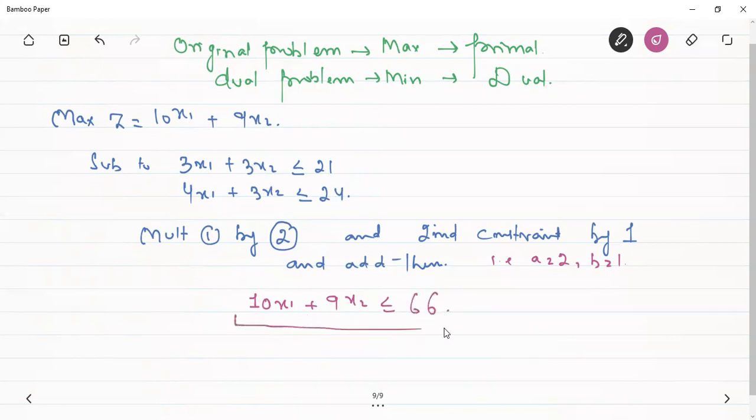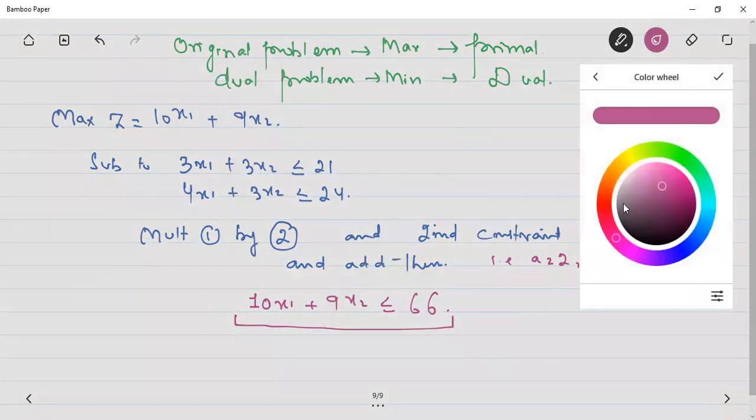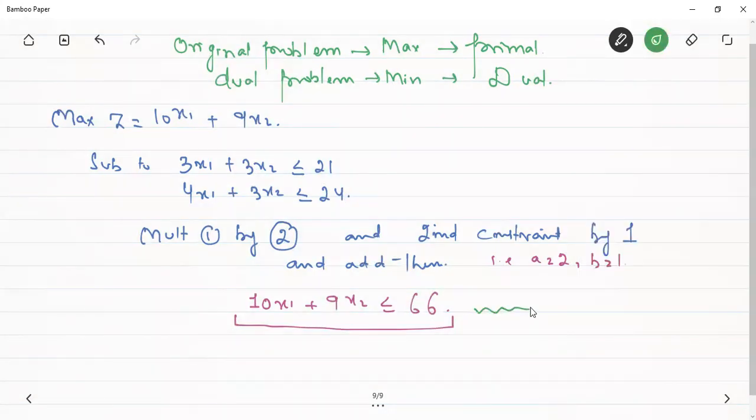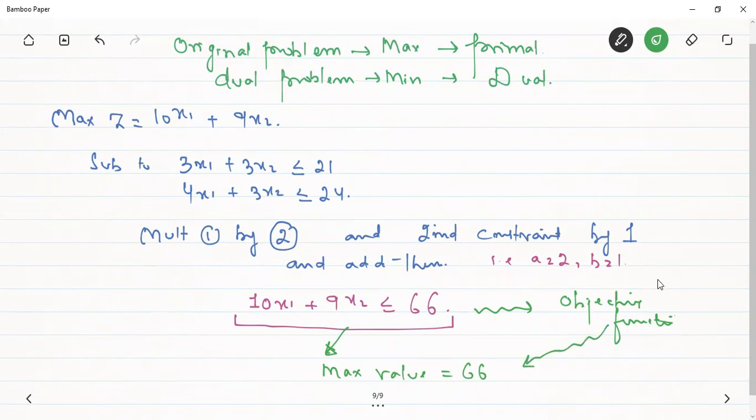Now this is also my objective function. From here we can get that the max value is 66. Definitely this will also be the maximum value of this objective function, because our objective function is z is equal to 10x1 plus 9x2.